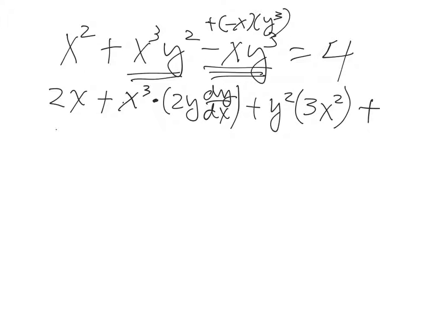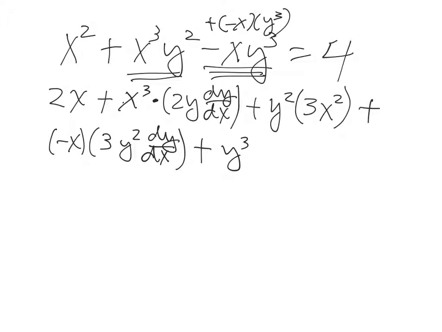So the first times derivative of the second plus the second times derivative of the first, which is just -1.